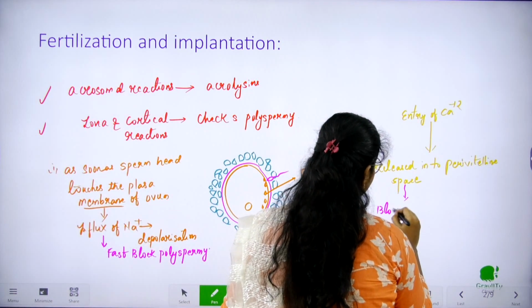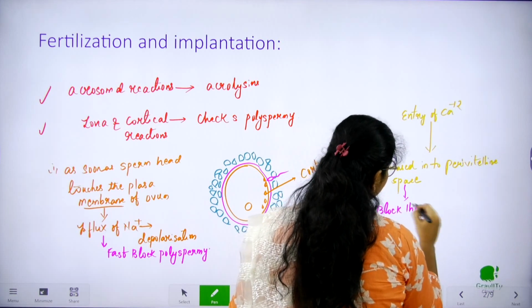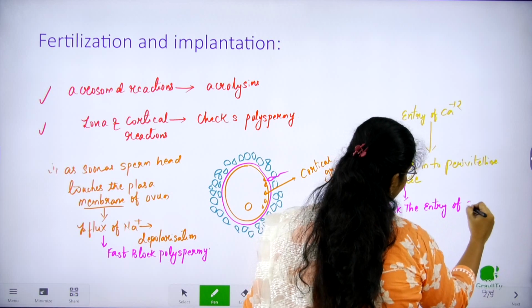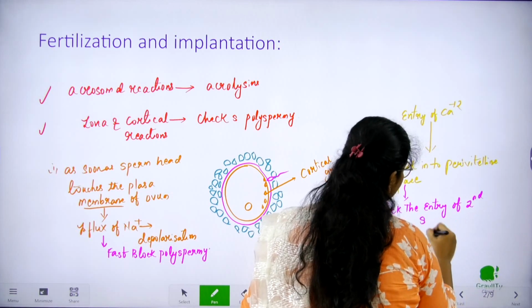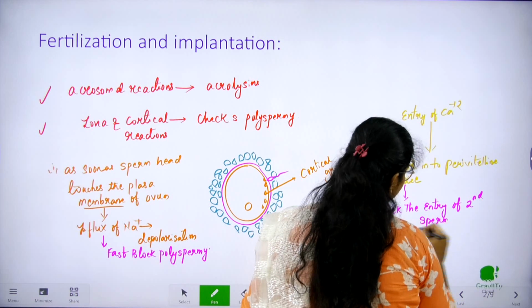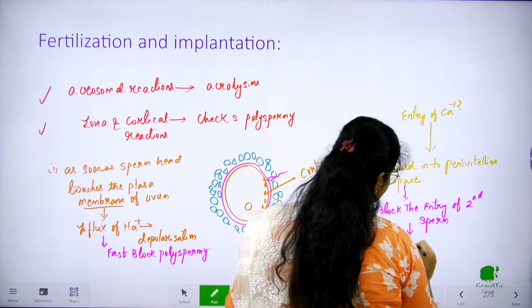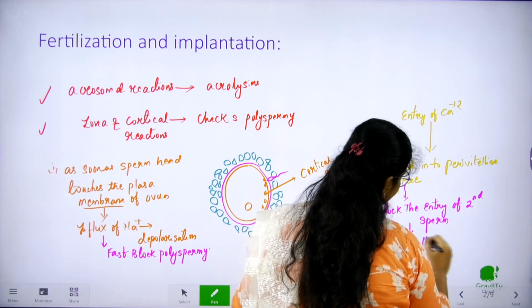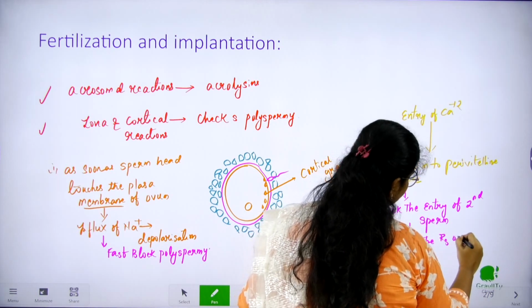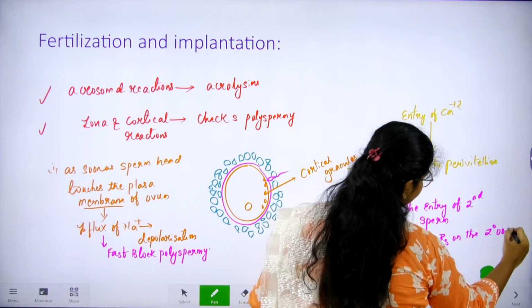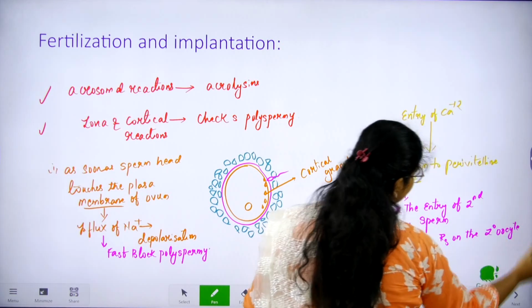How is it blocking the entry of other sperms? By destroying the receptors on the plasma membrane of the secondary oocyte. Clear everyone?